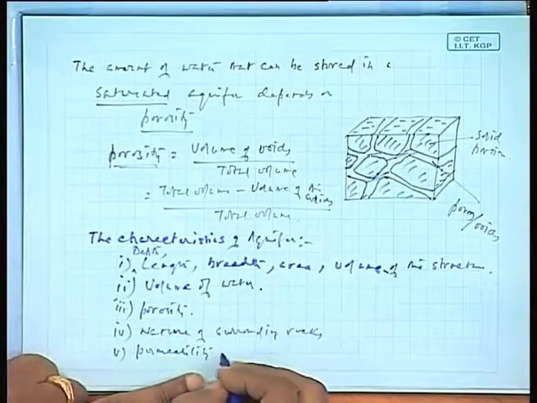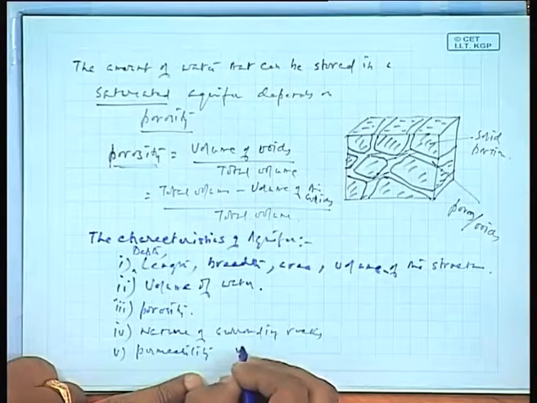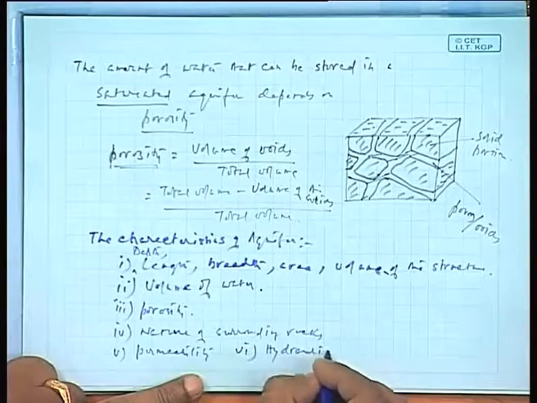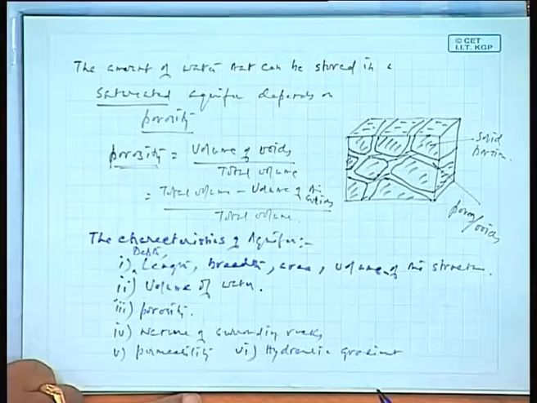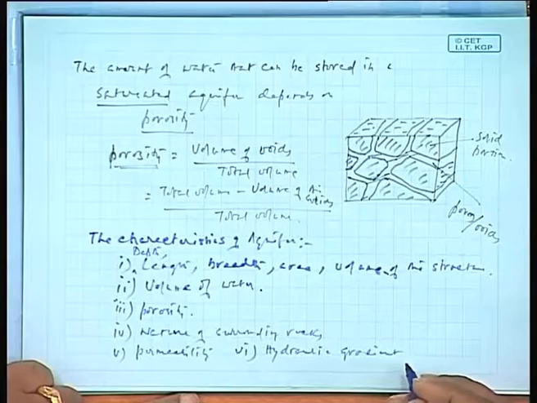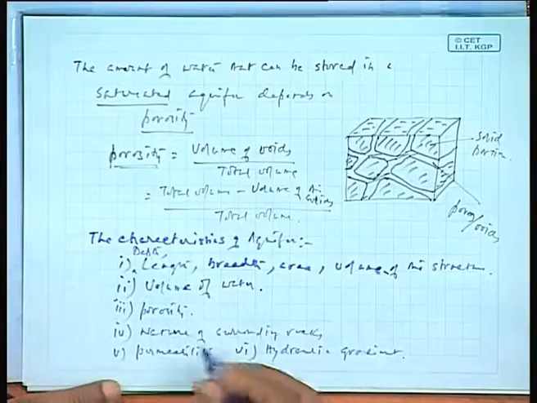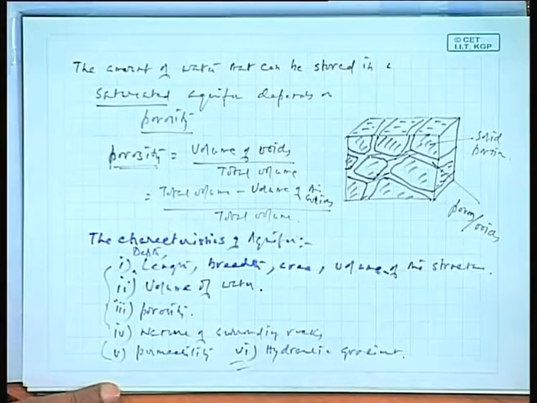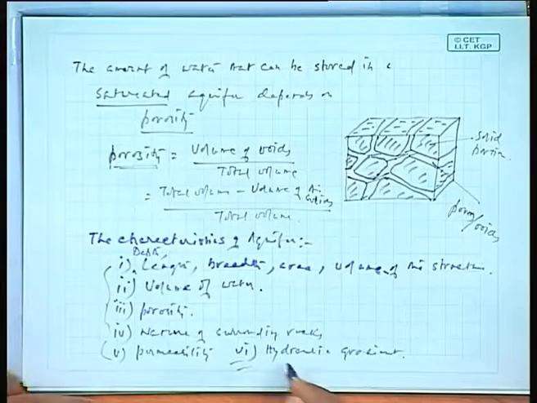Then permeability constant or hydraulic constant, and we'll say hydraulic gradient. All these things, there may be a few more which would be important for the characteristics of the groundwater, and have to be recorded properly.